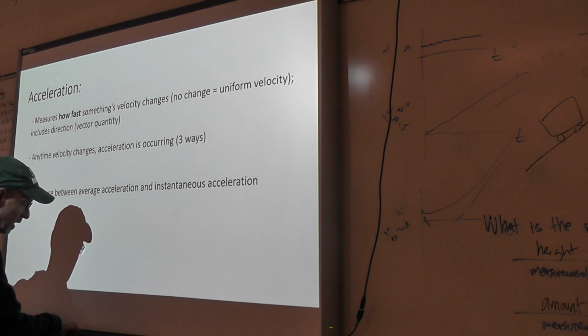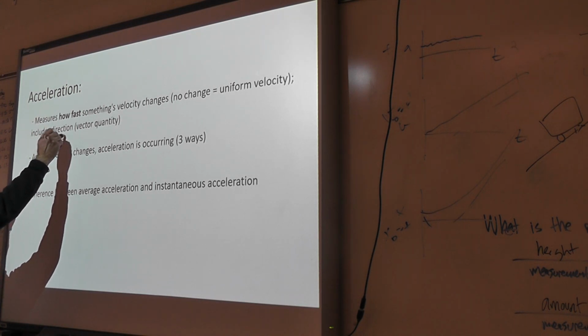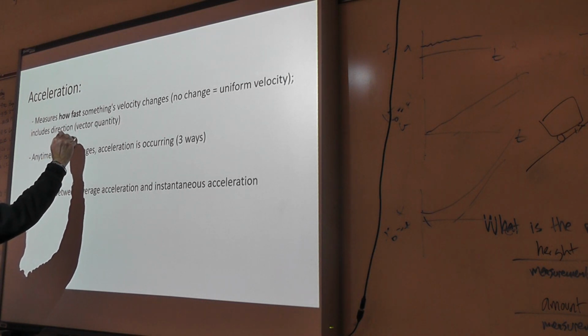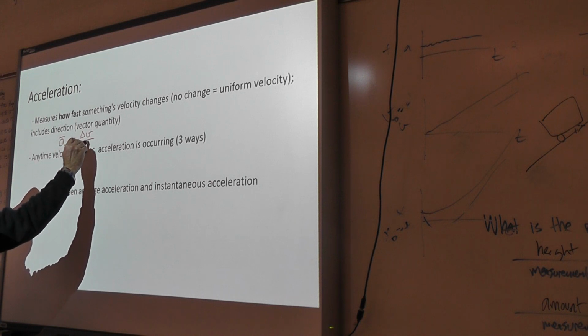And it turns out that our definition of acceleration is really similar to our definition for velocity. For one, we're really defining average acceleration. Average acceleration is equal to change in velocity divided by change in time.